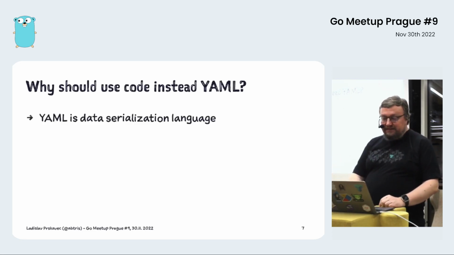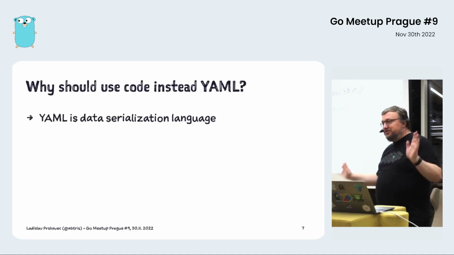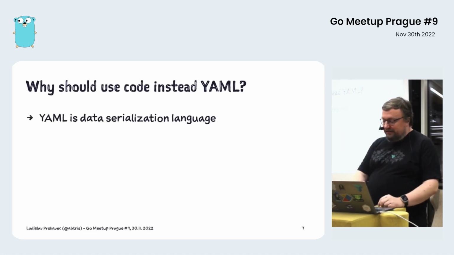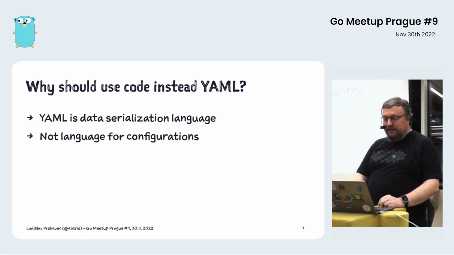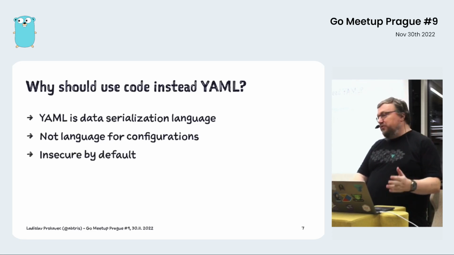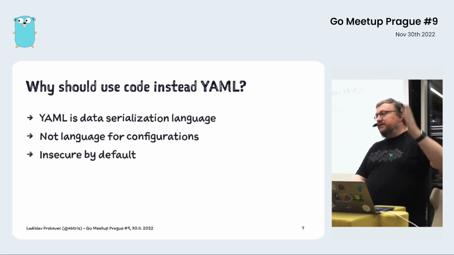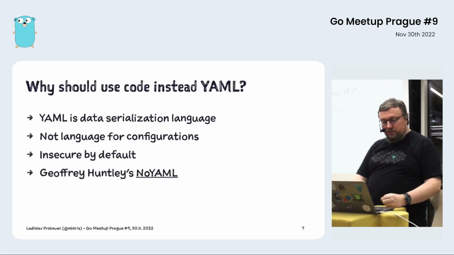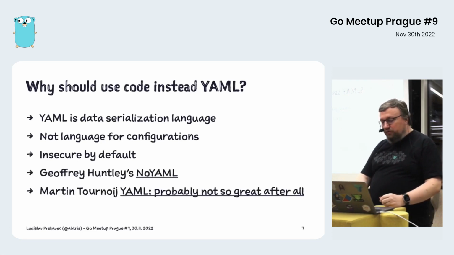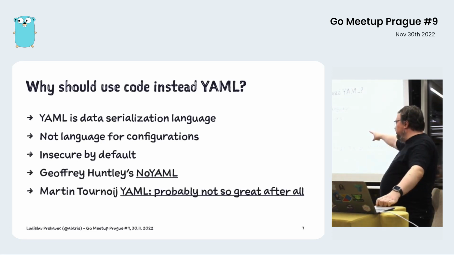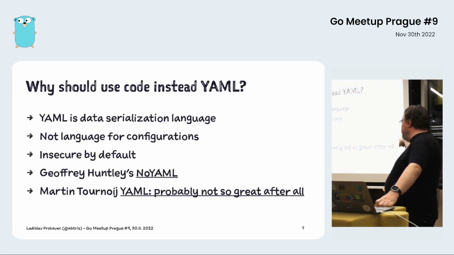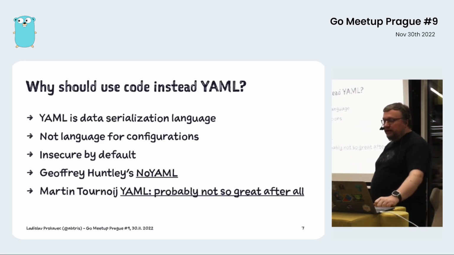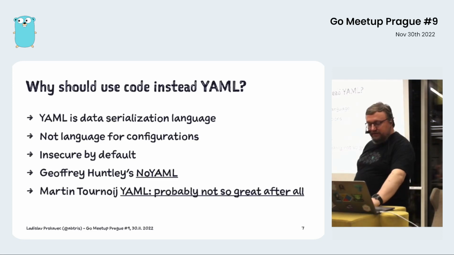And it's a data serialization language. It's not a configuration language. It's not secure by default. You find a CVE for YAML every month, I think, or every second library has some issues. There are two great pages called No YAML, and YAML Probably Not Great After All. I recommend everyone who likes YAML to read them.